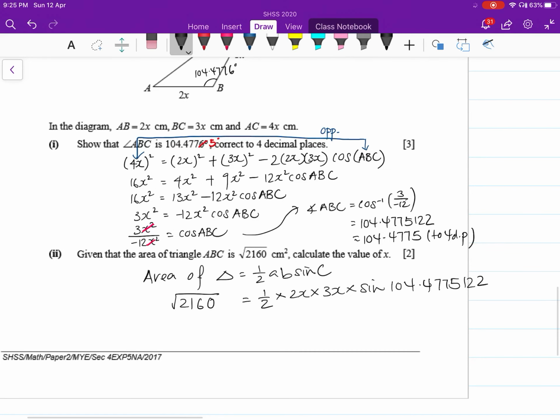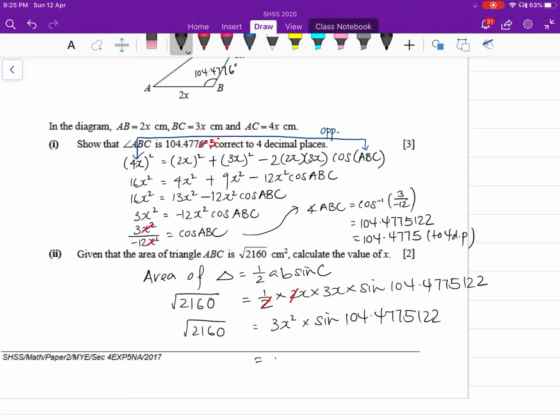I'm going to simplify this. Half times 2x just gives you x, and I will get 3x squared times sine 104.4775122 on the right side.